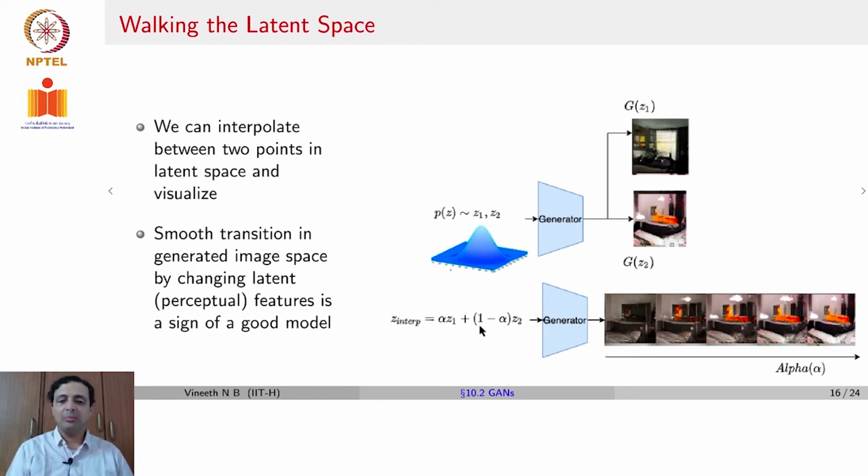And if you now interpolated between those latents, so if you did alpha Z1 plus 1 minus alpha Z2, what they showed is you end up getting a smooth transition of generated images from image G of Z1 to G of Z2.